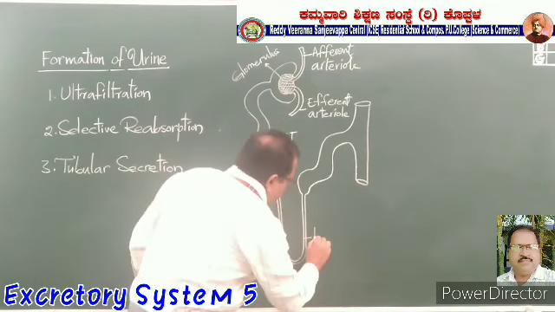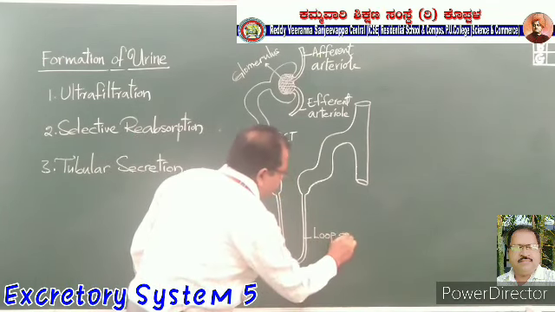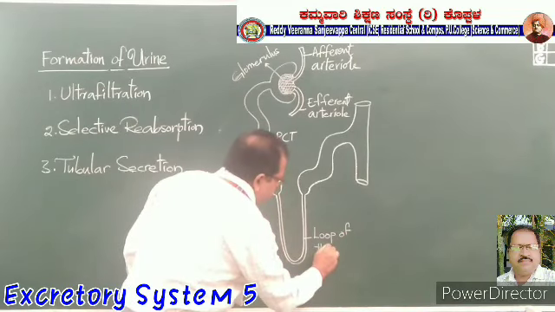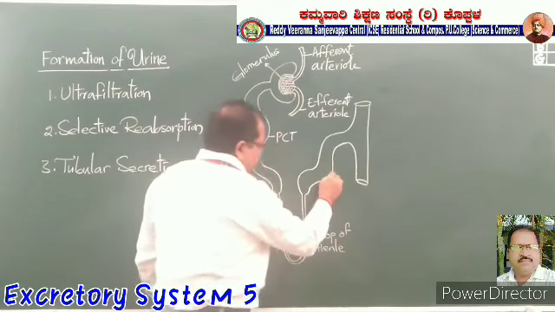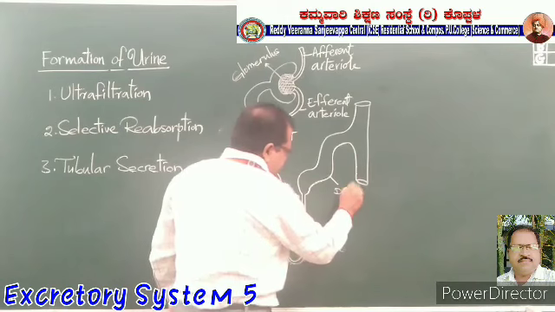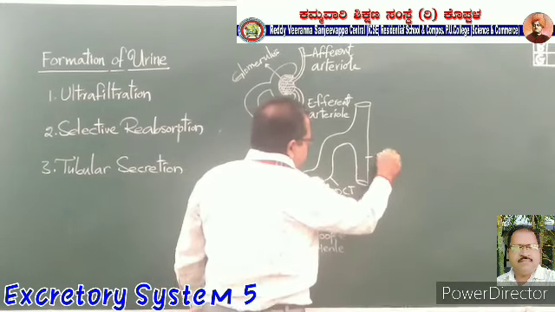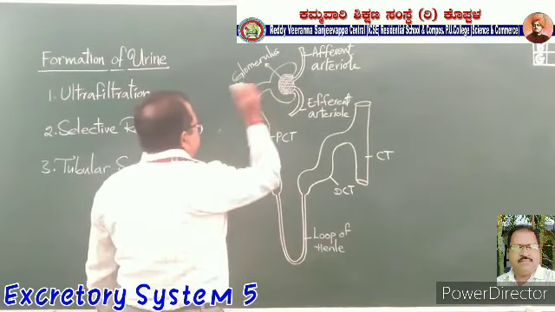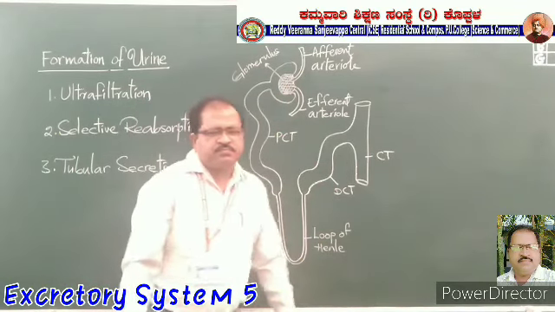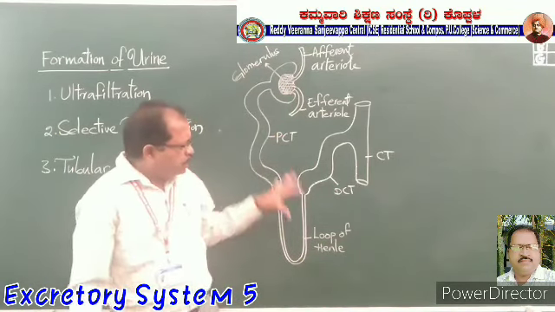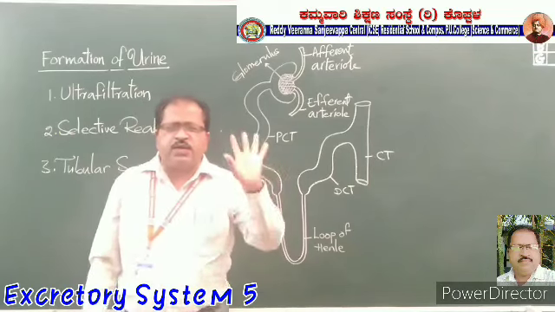This is the loop of Henle. This is the DCT. This is the CT, collecting tubule, and this is the Bowman's capsule. These are the major parts that are present on the nephron.